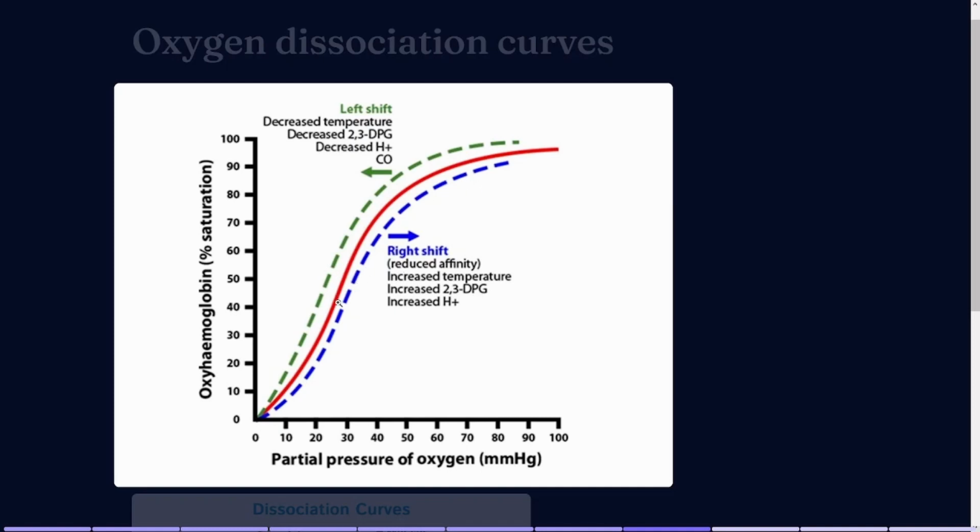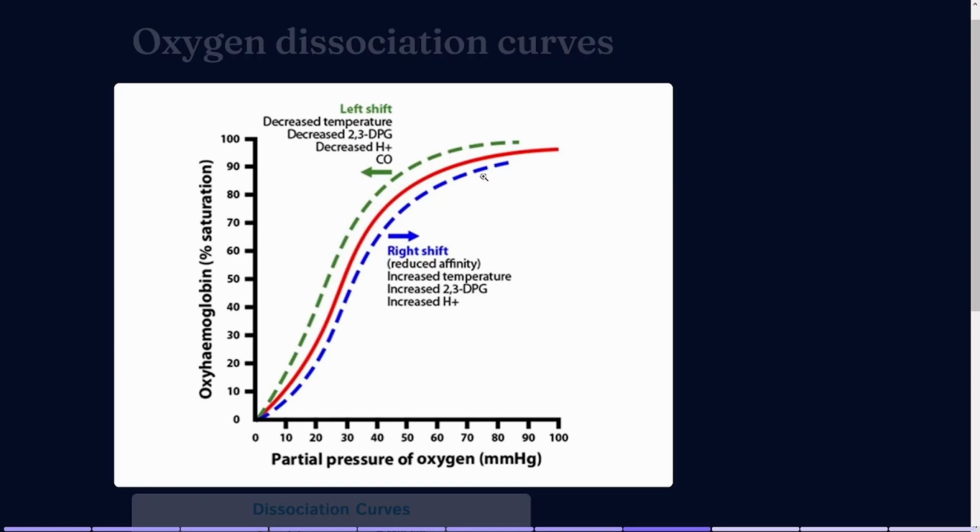Now, when the oxygen dissociation curve shifts towards the right, this indicates a reduced affinity. We will look at the practical implication of this in the next photo, but first you need to know that as the oxygen dissociation curve moves right, it reduces affinity. It happens because of, as you know, all those things which cause the dissociation of oxyhemoglobin into oxygen and hemoglobin.